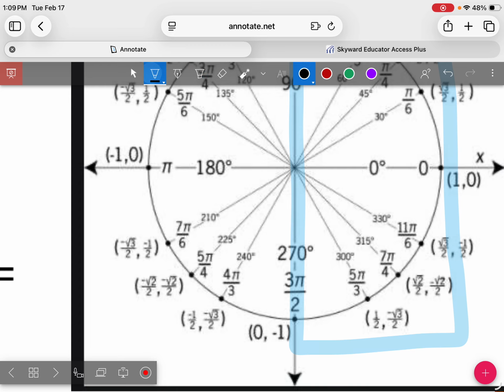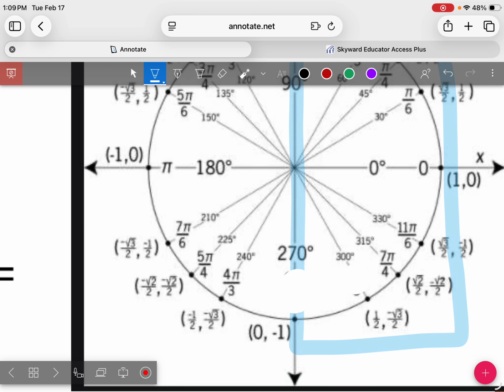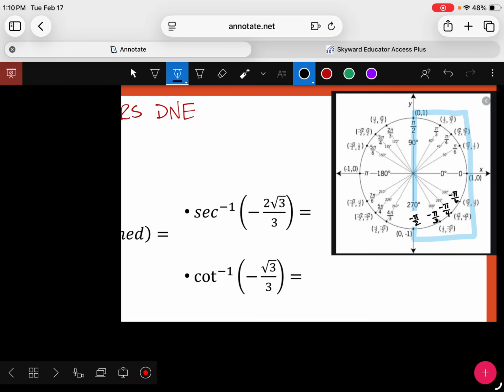Because remember, we can't use these. We got to rewrite these. This is going to be -π/6, -π/4, and -π/3 and -π/2. So the answer I'm looking for the first one would be -π/2.